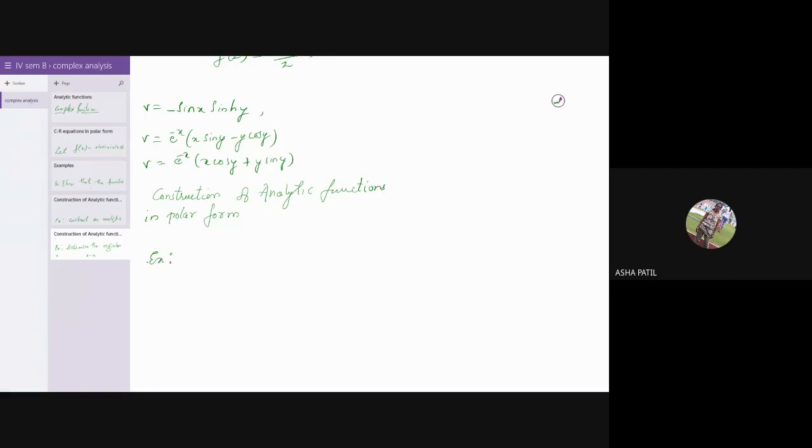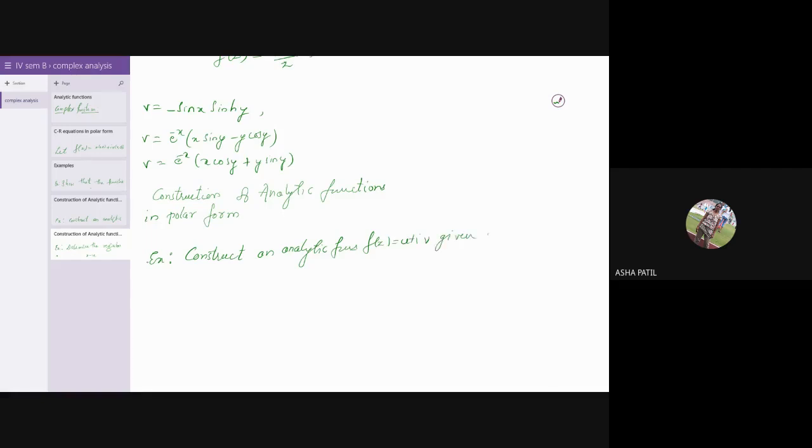I'll directly go to examples. You know the procedure already. Okay. Construct an analytic function f of z is equal to u plus iv.